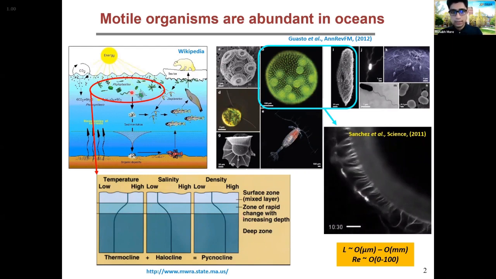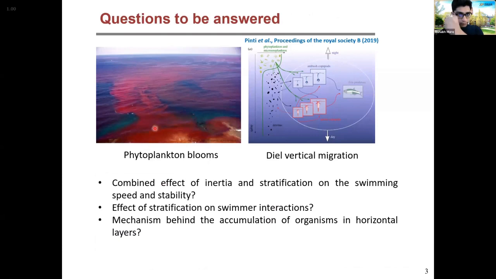in these upper layers. It has been seen that there are these large scale phytoplankton and algal blooms, which scale like a few kilometers horizontally, and also the diel vertical migration of these microorganisms, where they routinely have to cross this stratification barrier to reach this nutrient rich regime.